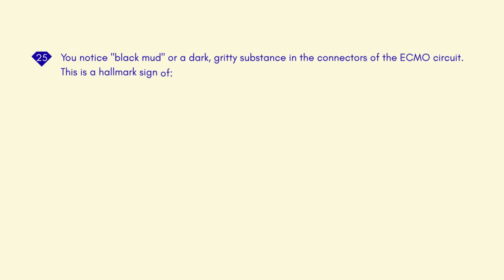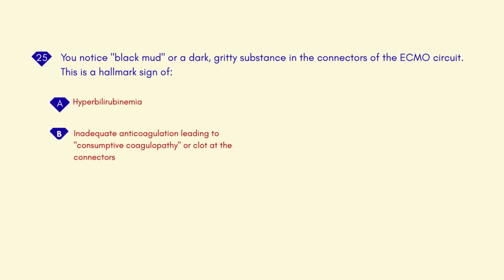You notice black mud or a dark, gritty substance in the connectors of the ECMO circuit. This is a hallmark sign of A. Hyperbilirubinemia. B. Inadequate anticoagulation leading to consumptive coagulopathy or clot at the connectors. C. A rare side effect of propofol infusion. D. Pump head thermal damage.